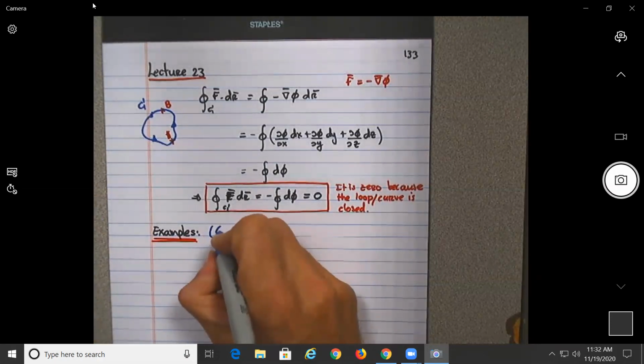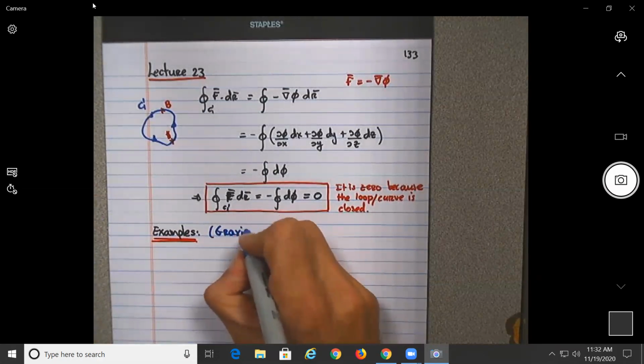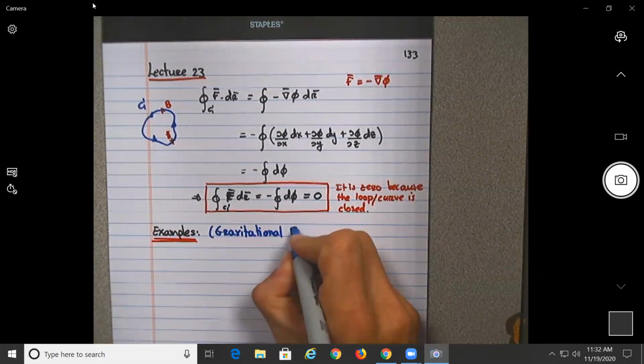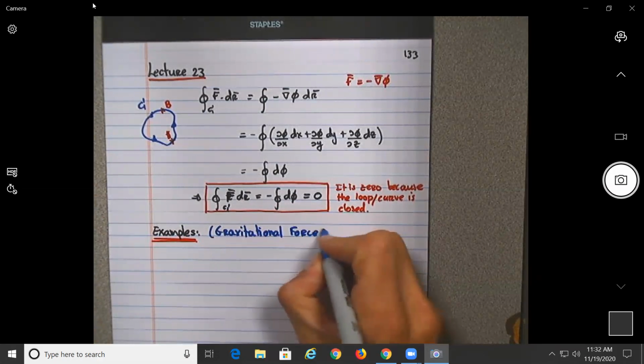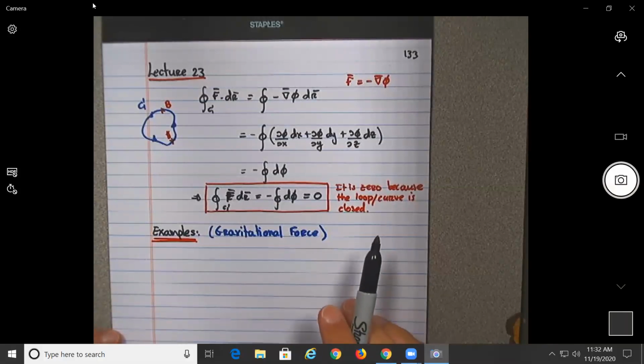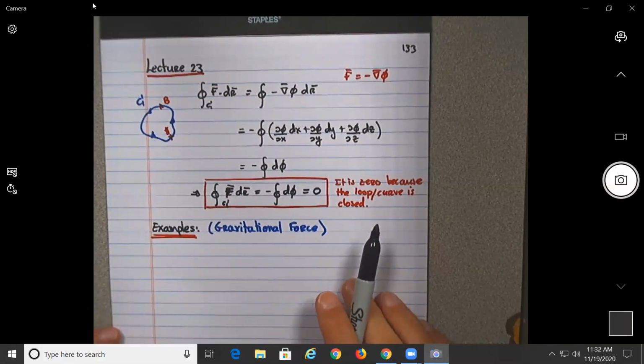That will be the gravitational force or gravitational potential energy, okay? If the gravitational force is a conservative force, you should be able to write it under the form of a potential, okay?